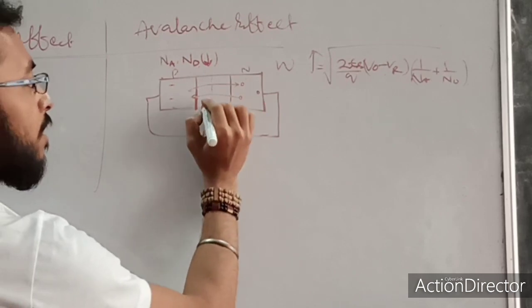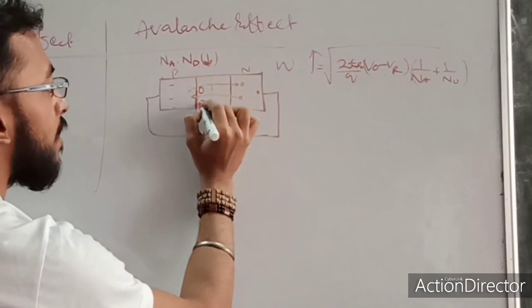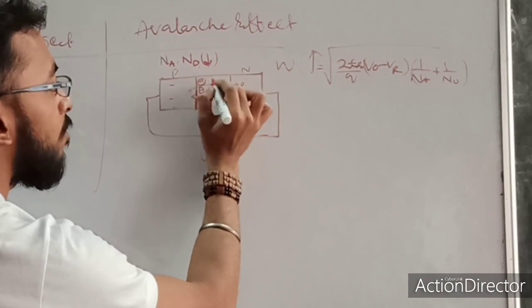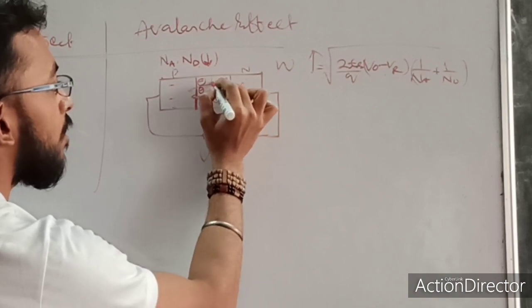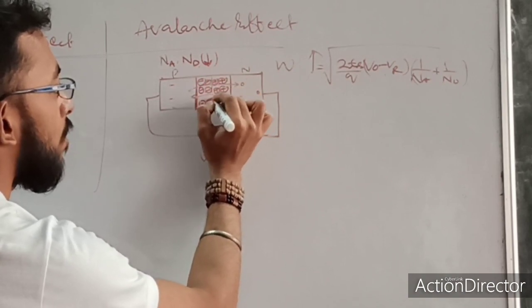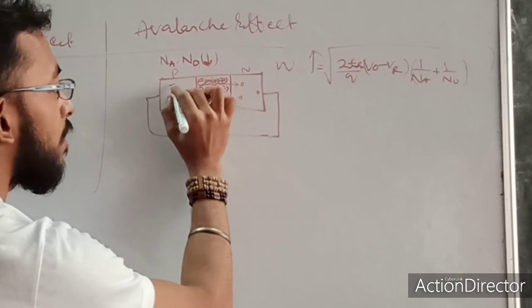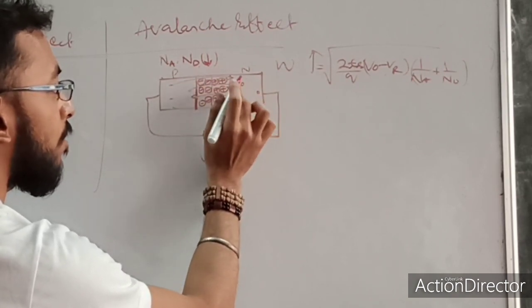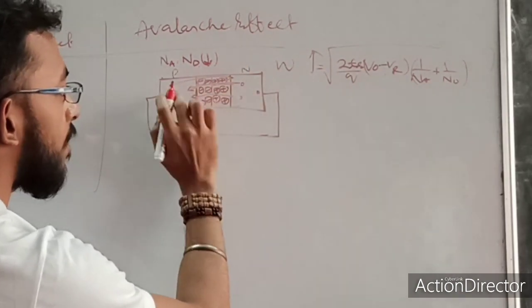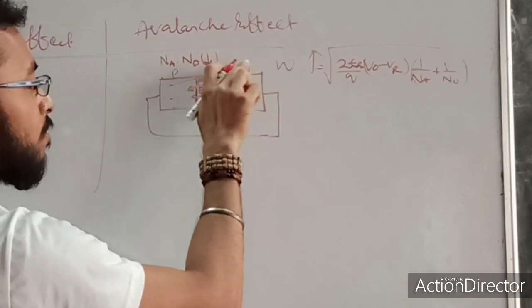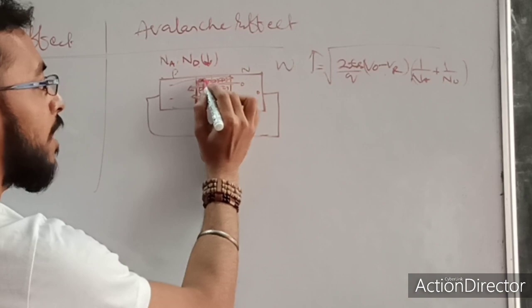Inside the depletion region, in the P side there are negatively bound charges and in the N side there are positively bound charges. So when the electrons are coming to this side and holes to the other side, the electrons moving through this depletion layer collide with the bound charges present over here.